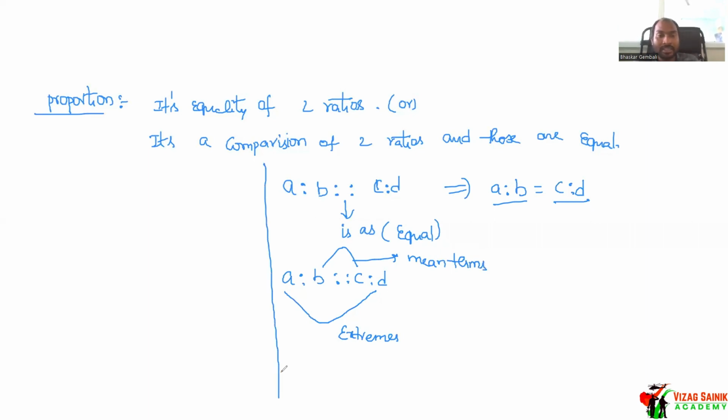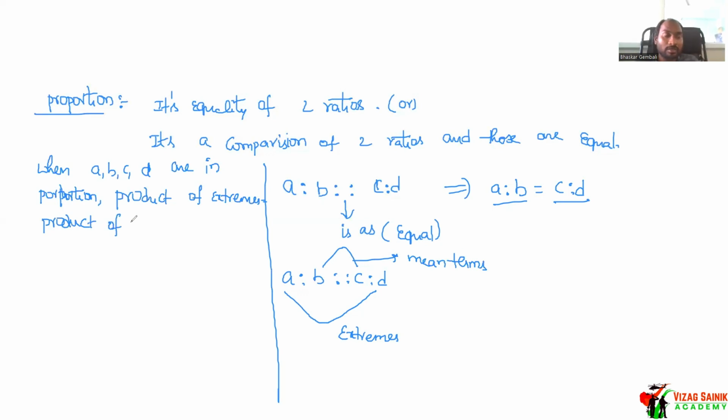So from this, when A, B, C, D are in proportion, we can say the product of extremes equals the product of means.